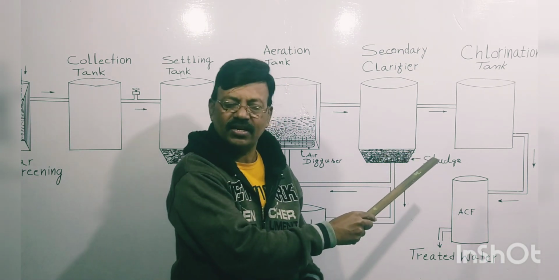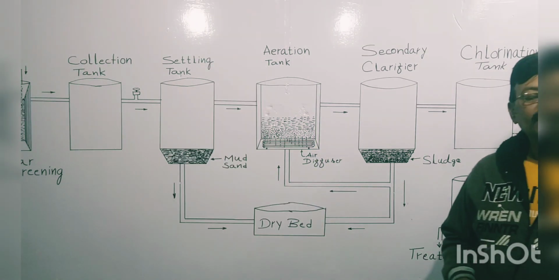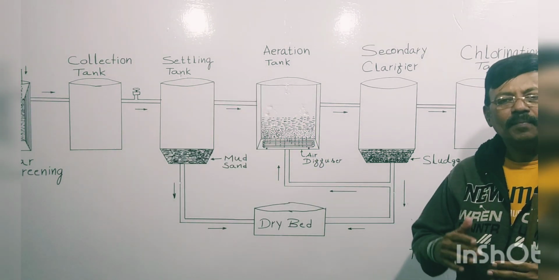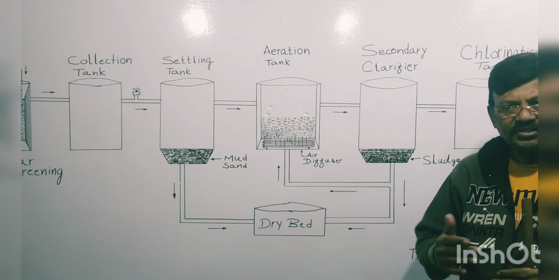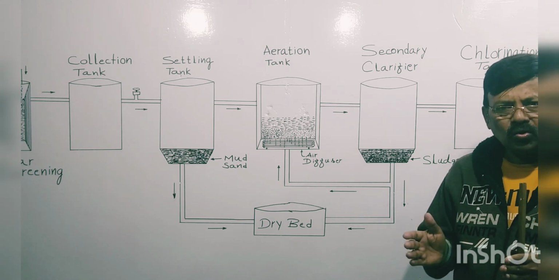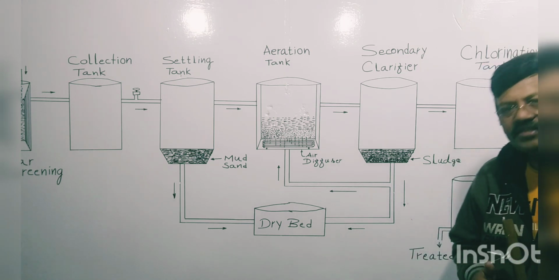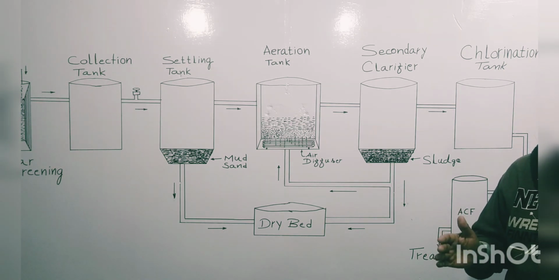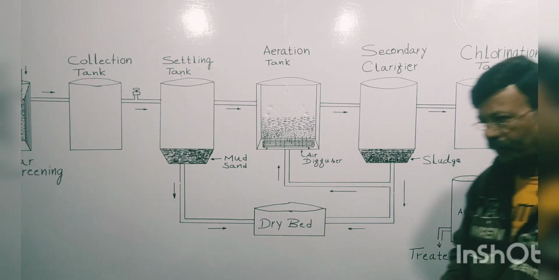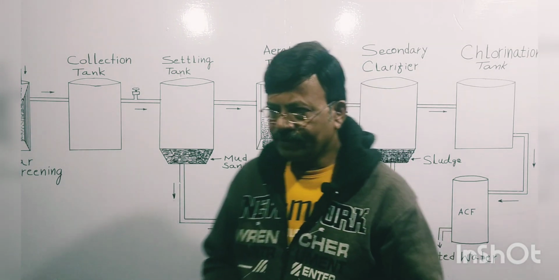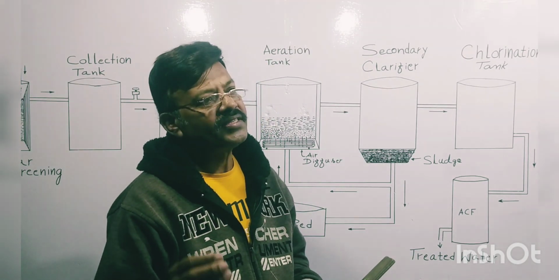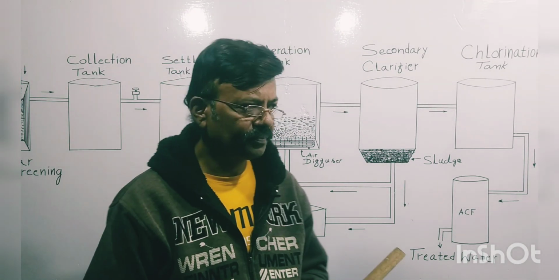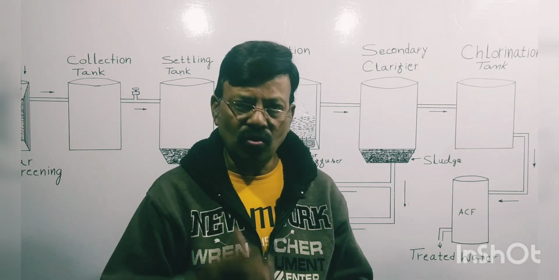What is meant by sludge? Sludge is a bunch of fully grown adult bacteria. I can give you a simple example. Honeybees, you all know.